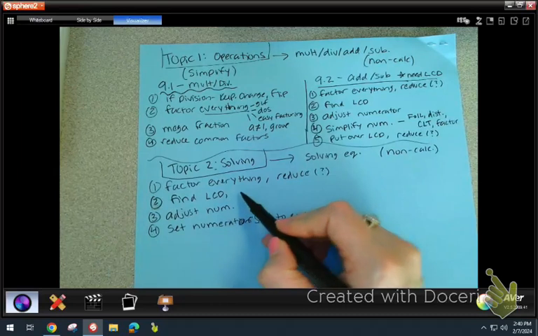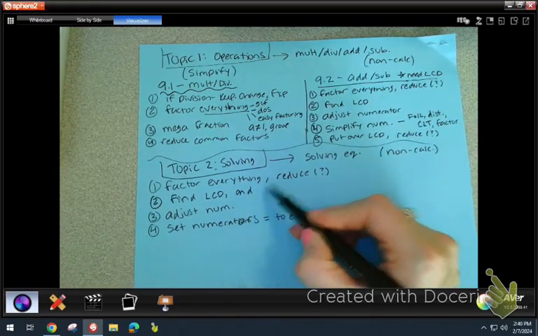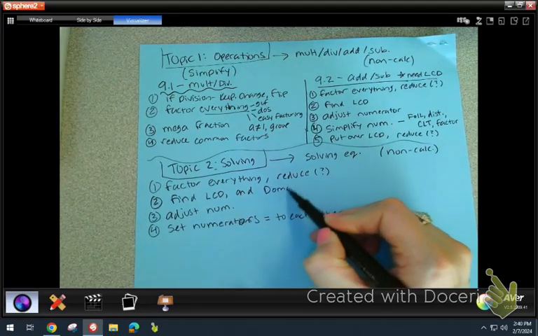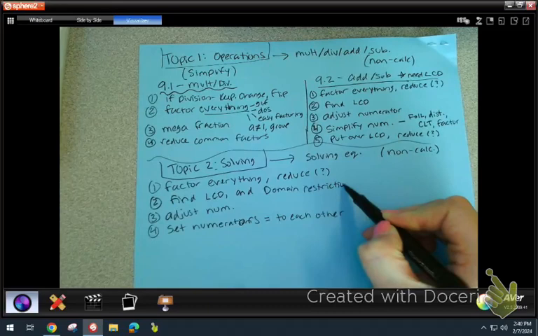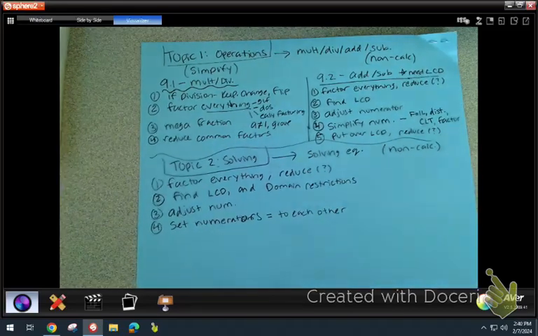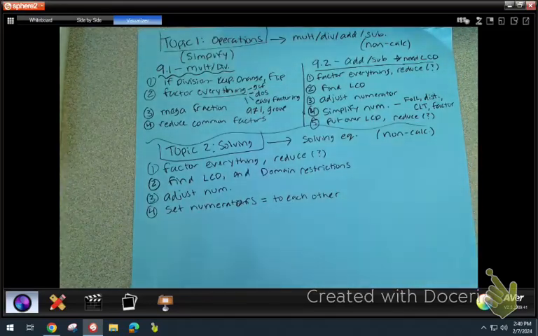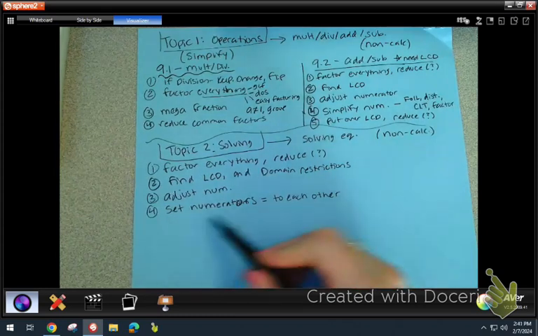Okay, so go back to step 2. Find LCD, oh my gosh, can't talk. And domain restrictions. That's a big thing on solving. Okay, you need to think about what those are. So set numerators equal to each other and solve.